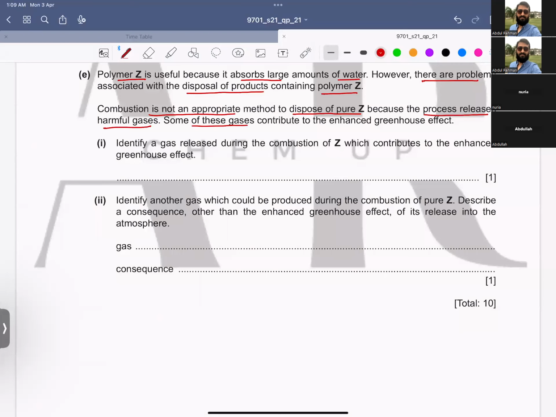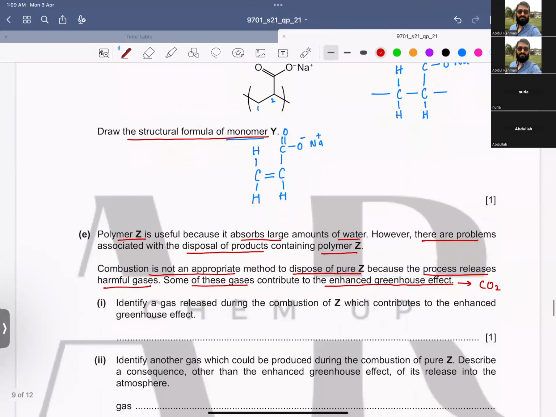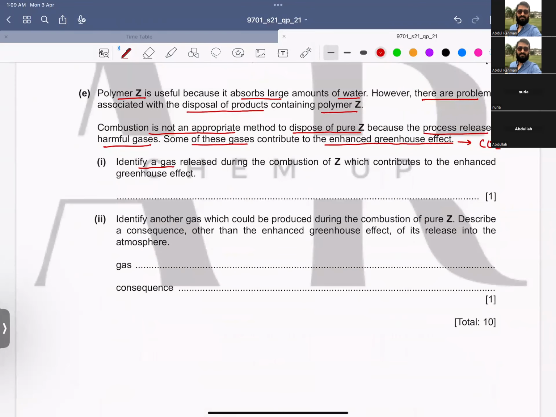Some of these gases contribute to the enhanced greenhouse effect, and that is carbon dioxide gas. As Z has carbon, when we combust it, we for sure get carbon dioxide. Identify a gas released during the combustion of Z which contributes to the enhanced greenhouse effect. Okay, so that's what they are asking. So I may write carbon dioxide over here.